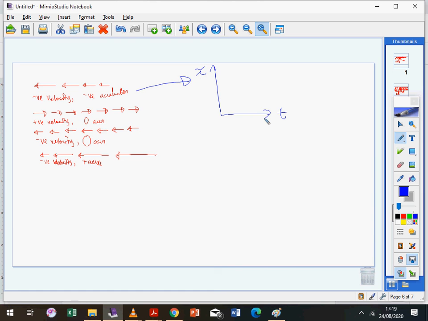Alright, so it has a negative velocity and it has a negative acceleration. Negative velocity, just generally, that graph has to have a slope that's like that because that's a negative slope. So, because I know that that has to be the case, ask yourself, the distance being covered in each time interval, is it going up or is it going down?